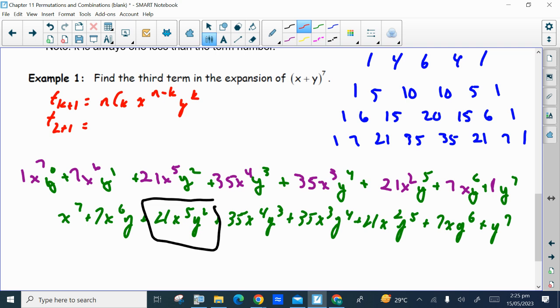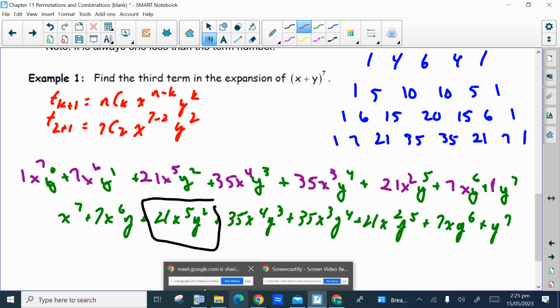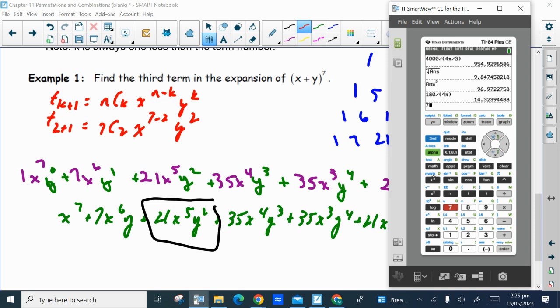Again, k is always 1 less than the term number. So that will equal 7C2. Remember, n is the power on the binomial, which is 7. The first term of the binomial is x to the power 7 minus 2 times y to the power k, which again is 2.